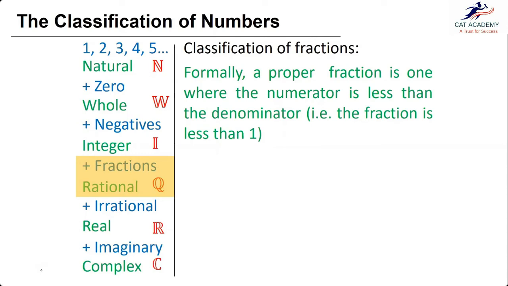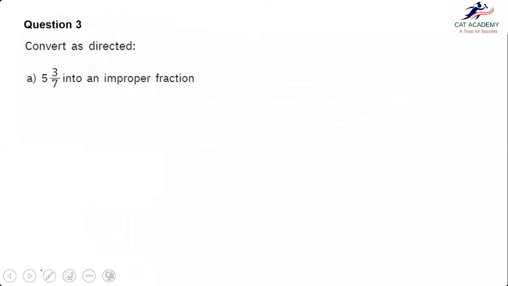All right. Next. Formally, a proper fraction is, we have already seen this definition. So let's try to convert them into each other. So 5 integer 3 by 7. Let's try to convert it into an improper fraction. By the way, this one is called a mixed fraction. To convert any mixed fraction into improper, what do we do? We multiply 7 with 5, we get 35.